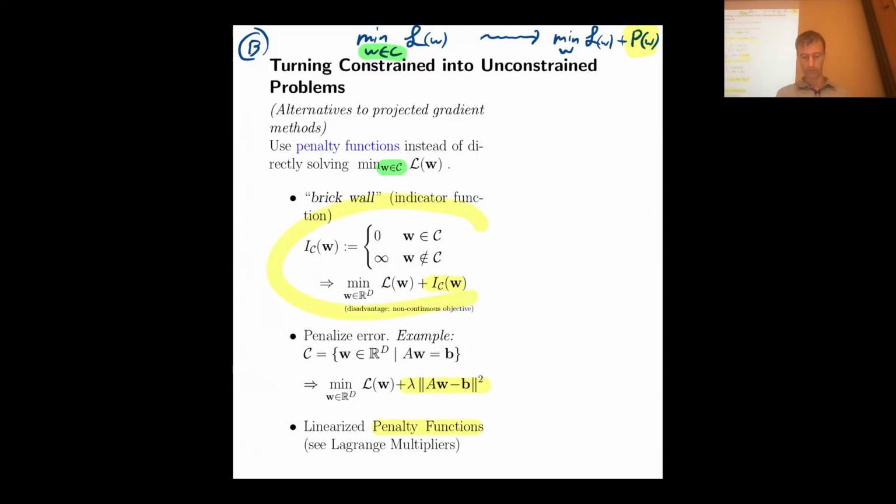You can define this function here: if you're outside the set, then you must pay infinity. When you're inside, you must pay nothing. This is called the indicator function. So again, this is the original objective, and then this is the additional penalty.